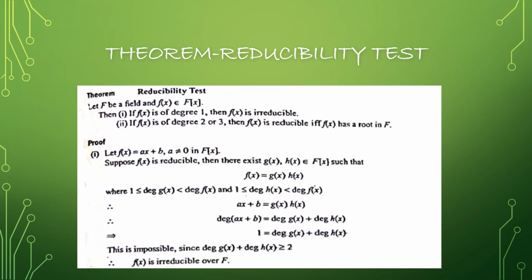So if I say a polynomial is reducible, what does it mean? I can write that particular polynomial as a product of two other polynomials, where the degree of g of x and the degree of h of x should be less than the degree of f of x. Is that clear? So where 1 is less than or equal to the degree of g of x, which is less than the degree of f of x. Able to understand this condition?